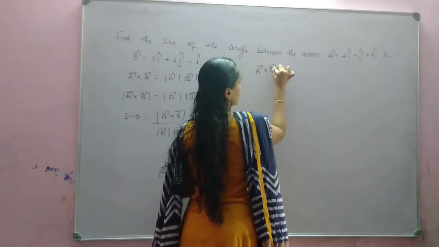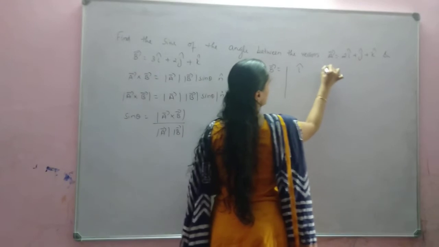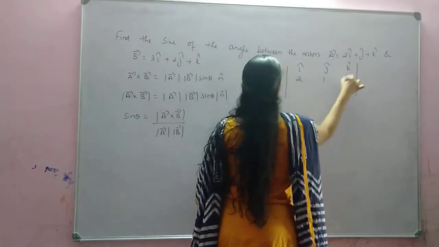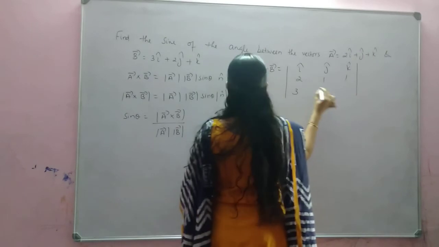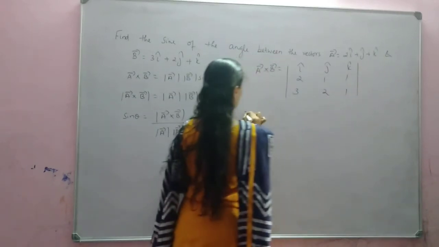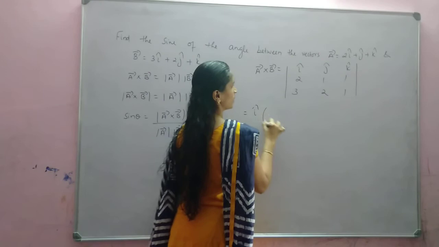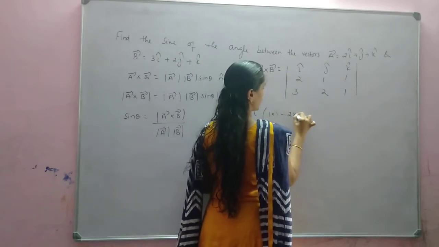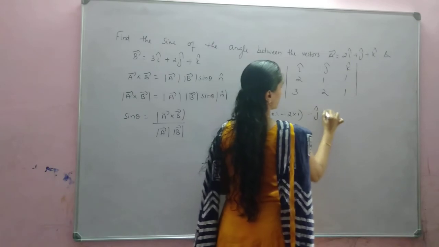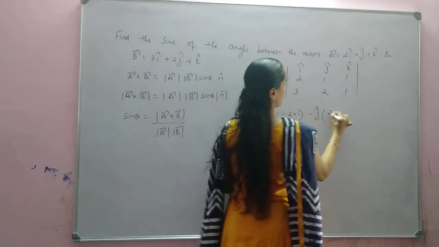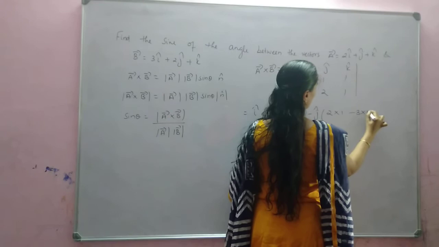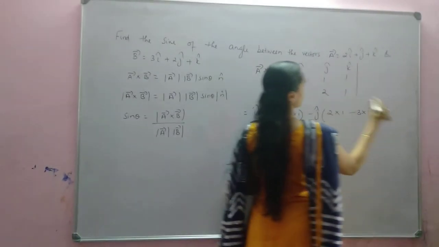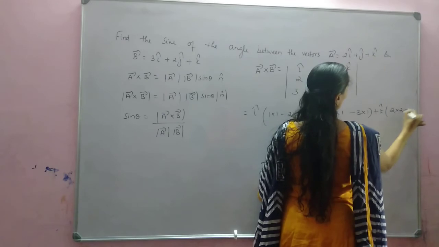So that is equal to, again, i, j, k, 2, 1, 1, 3, 2, 1. So i cap into 1 into 1 minus 2 into 1, minus j cap into 2 into 1 minus 3 into 1, plus k cap into 2 into 2 minus 1 into 3.